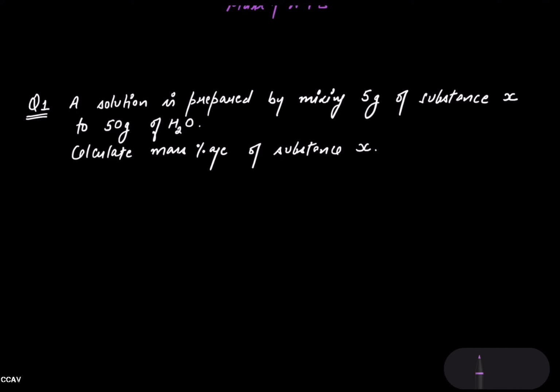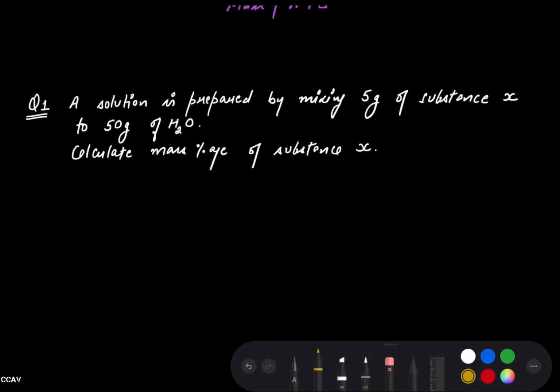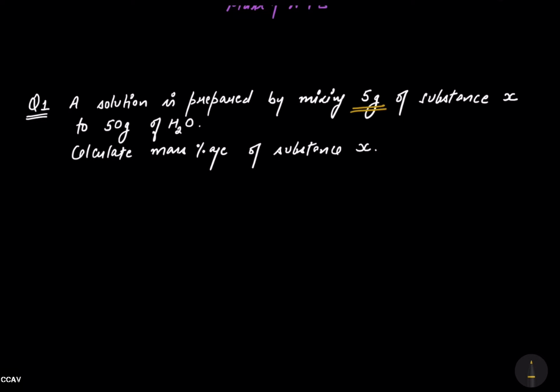Now the first numerical, what is it saying? A solution is prepared by mixing 5 grams of substance X in 50 grams of water. Calculate the mass percentage of substance X. First of all, water is always the solvent, so that means my substance X is the solute.